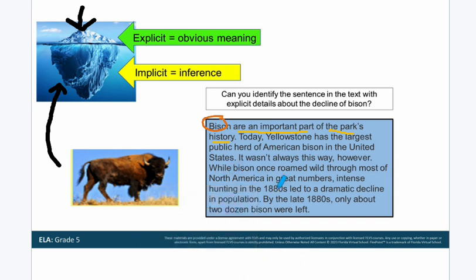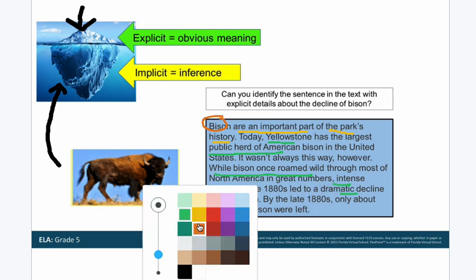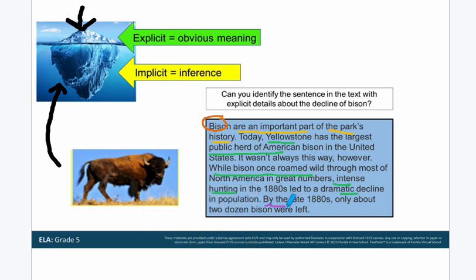I know that it tells me that the largest herd is in Yellowstone. I know that bison once roamed wild, but hunting brought a decline. I see by the late 1800s, there was only about 2 dozen bison left at that point. That's evidence that supports talking about bison in Yellowstone National Park.